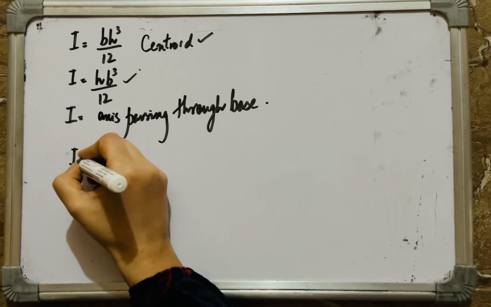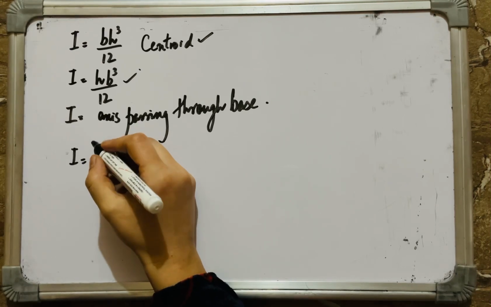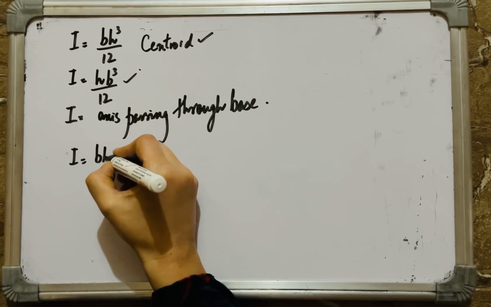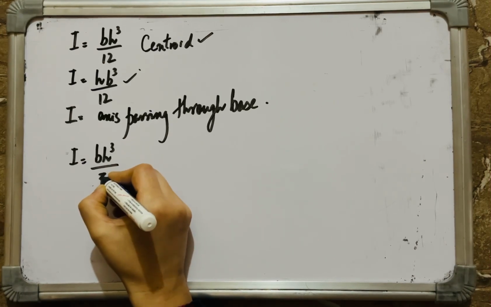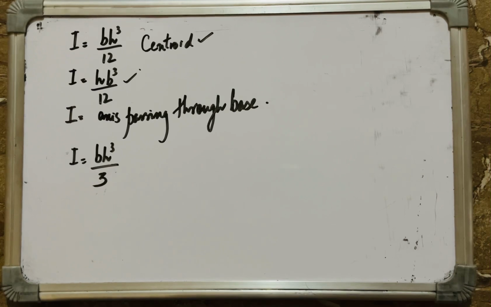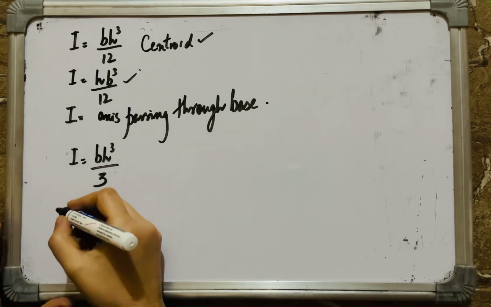And that is given by bh cubed by 3. Please note this. Moment of inertia of a rectangle about an axis passing through its base is given by bh cubed by 3.